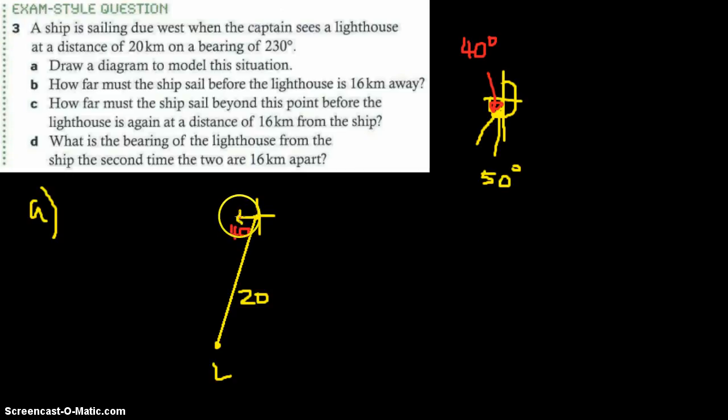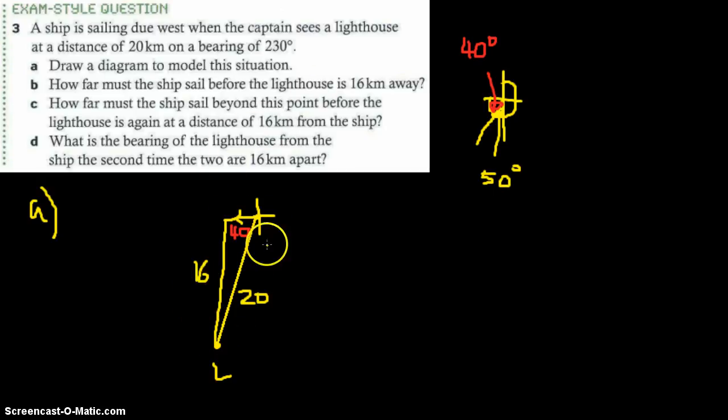Okay, so it's gonna keep on going to the west, and then at one point it will reach a place where the distance between the boat and the lighthouse is 16. So about there. So that's 16, just a little bit shorter than this 20 that we have there, right?